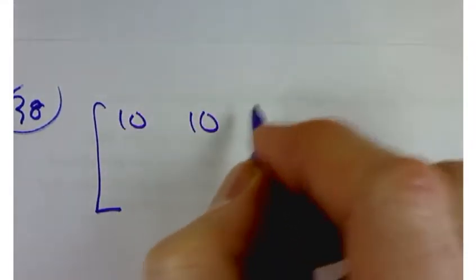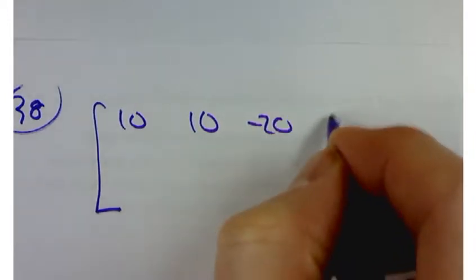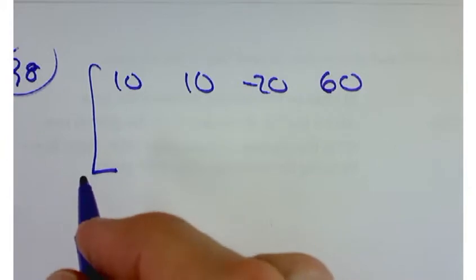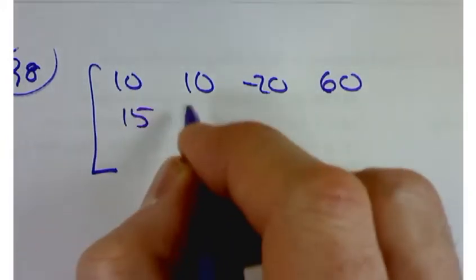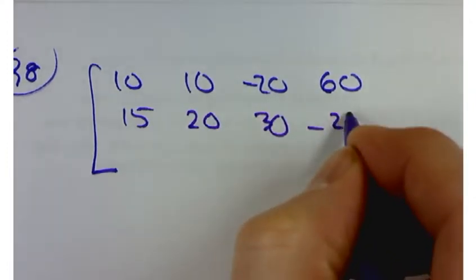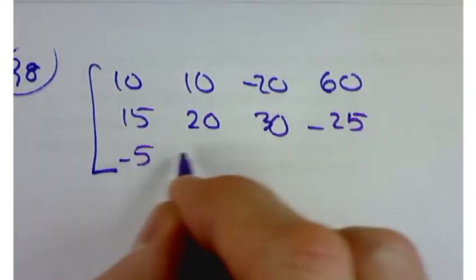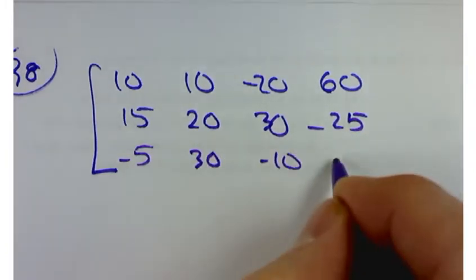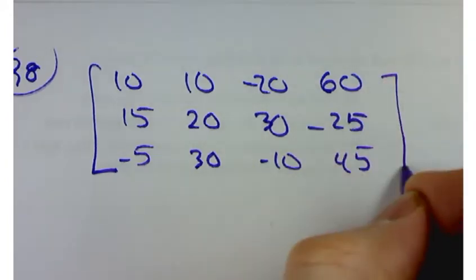That's going to look like this. 10, negative 20, and 60. 15, 20, 30, negative 25, negative 5, 30, negative 10, and 45.